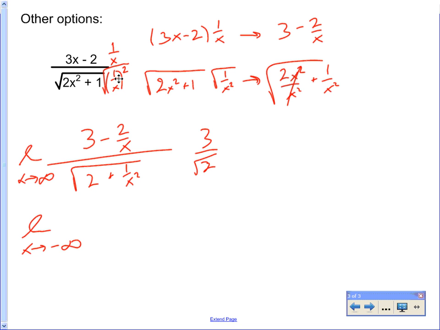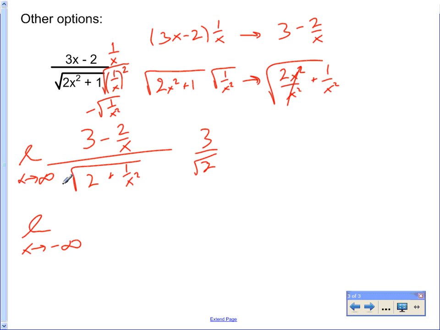If I do this, I'm going to end up with a positive. It's always going to make it positive, so I need to make a little change here. I need to actually make this negative square root of 1 over x squared, because I don't want to put my negative infinity in and have it come out to be a positive all the time. I want to keep that negative part.